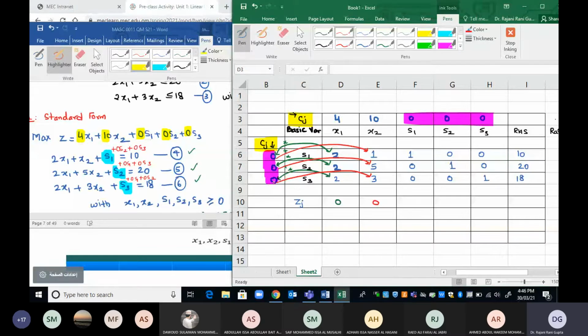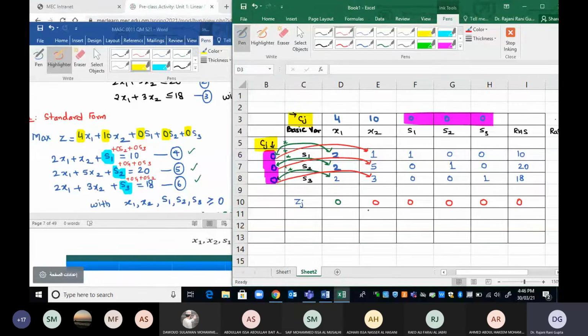So we keep the Cj fixed, but we keep changing the numbers of the column. Is this clear? So here also it will become 0. As the costs of S1, S2, S3 were 0, in the first simplex table we get all the values of Zj as 0.